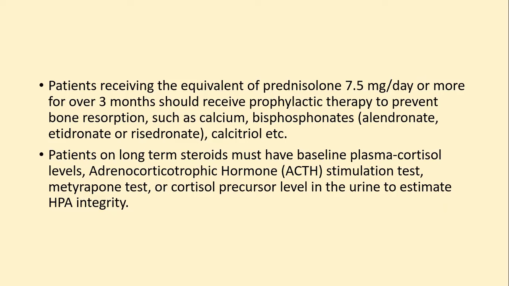So remember, whenever you are giving or intend to give steroids for more than 3 months, always give some bone protection. Patients on long-term steroids must have a baseline plasma cortisol level, ACTH stimulation test, methylprednisolone test, or cortisol precursor level in the urine to estimate hypothalamic pituitary axis integrity.